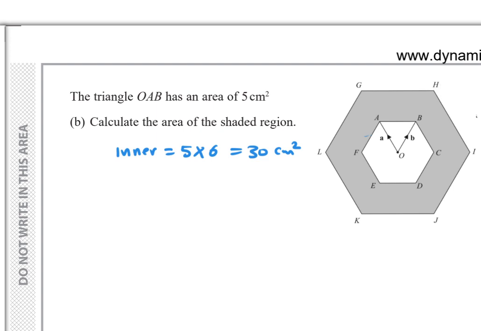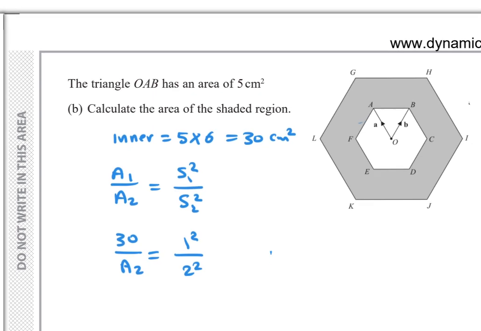Because they are similar, area 1 over area 2 equals side 1 squared over side 2 squared. So if area 1 is the inner one, 30 over area 2 equals 1 squared over 2 squared. Then cross multiply to find the area of the external one.